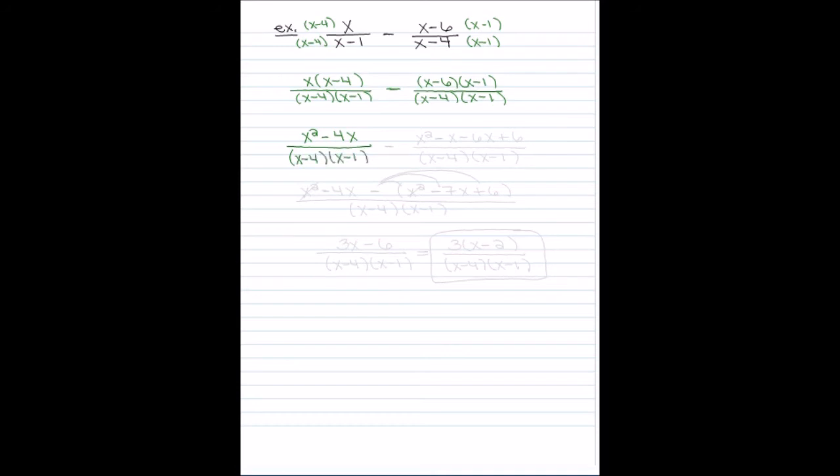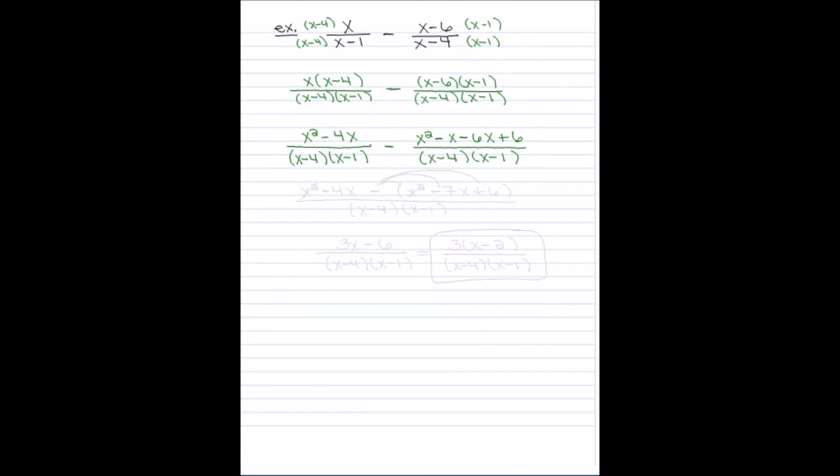And on the right hand side, I'm going to FOIL. So x minus 6 and x minus 1, in order to bring those together, I have to FOIL those two polynomials together. And across the top, I end up getting x squared minus x minus 6x plus 6.